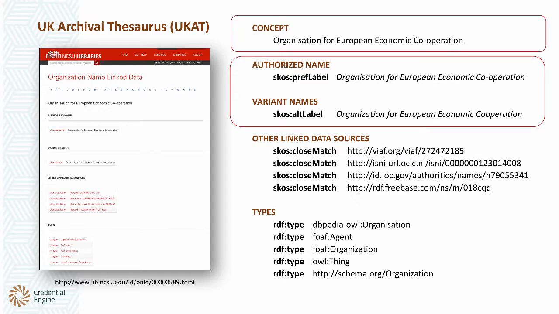The first one is the Virtual International Authority File, which is a linked structure, which I'll show you in a second, where that links together all the major national authority files around the world. Very, very powerful. Links them all together. So I can go elsewhere and find out how other countries have defined Organization for European Economic Cooperation. We'll look at those in a moment.